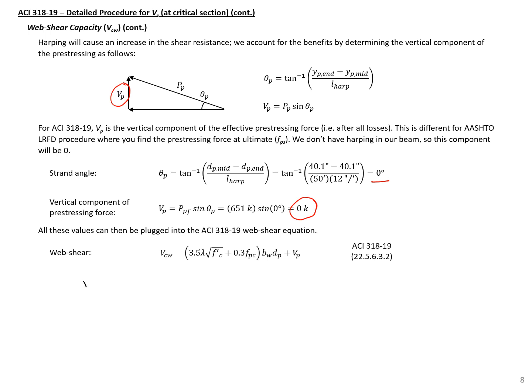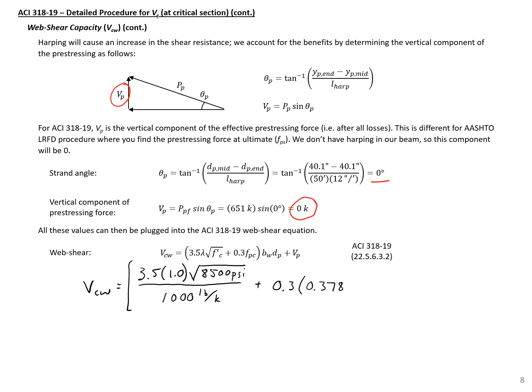So here our VCW is going to be equal to 3.5 times 1.0 times the square root of 8,500 psi divided by 1,000 pounds per kip plus 0.3 times the FPC, which we found to be 0.378 KSI on the last slide.